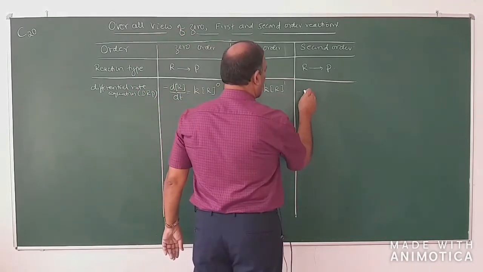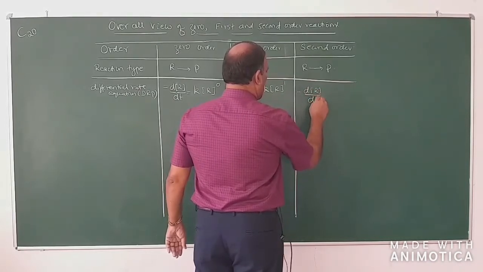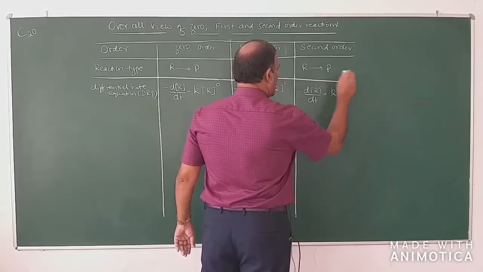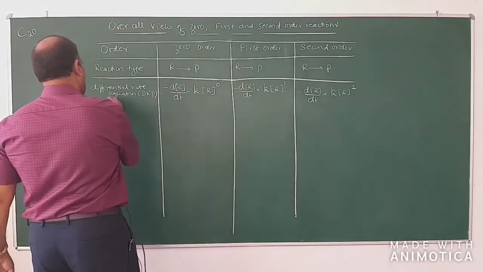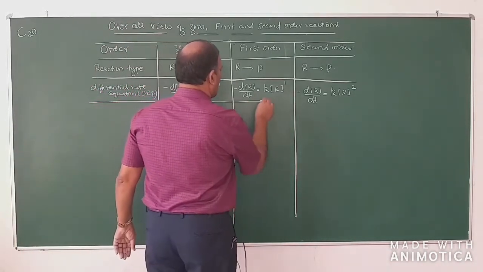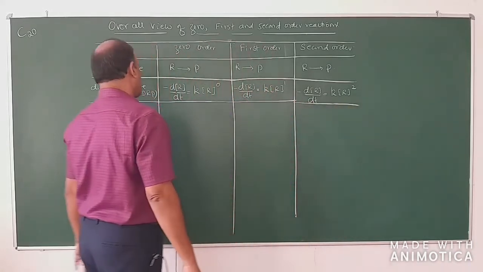Similarly, for second order reaction, minus d[R] divided by dt is equal to K into concentration of R to the power of 2. So, this is the differential rate equation for zero order, first order and second order reactions.